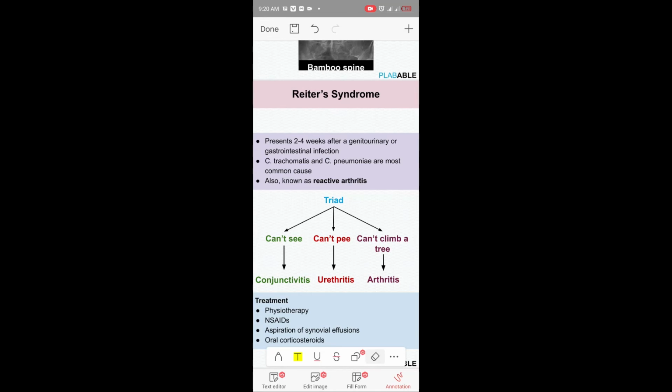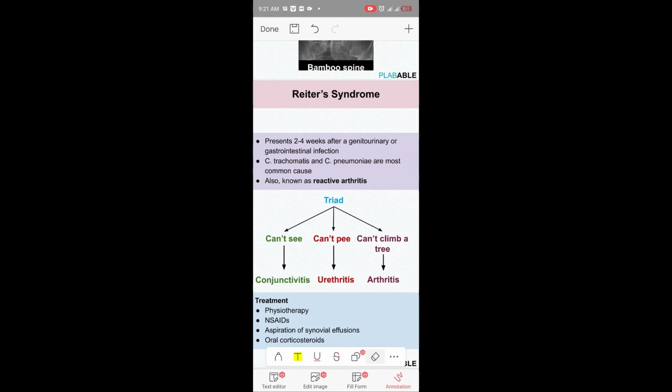It actually occurs as a complication from an infection somewhere in the body. The most common is actually Campylobacter. It happens after infectious diarrhea caused by Campylobacter. It could happen after non-gonococcal urethritis, like from chlamydia.